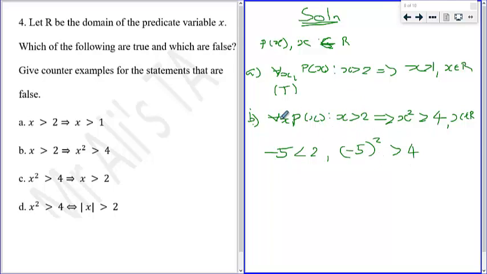Hence, this statement is false. That's why we are able to find a counterexample for it.